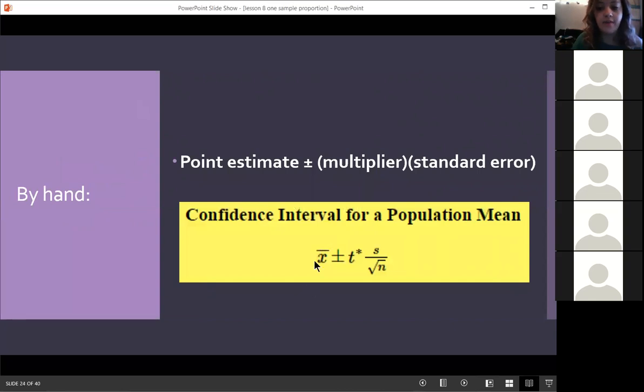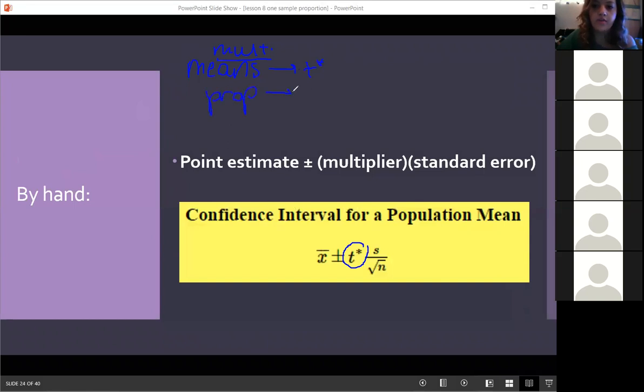Same setup: you have your point estimate, which in this case is our sample mean, plus or minus our multiplier times our standard error. Keep in mind, for population means, our multiplier is going to be t star, whereas remember, for proportions, we used z star.